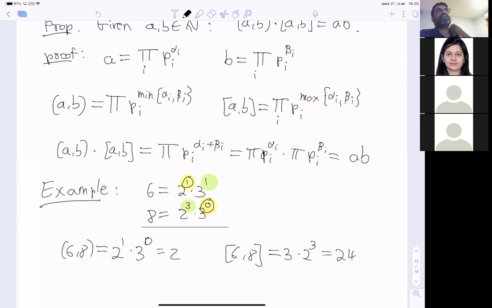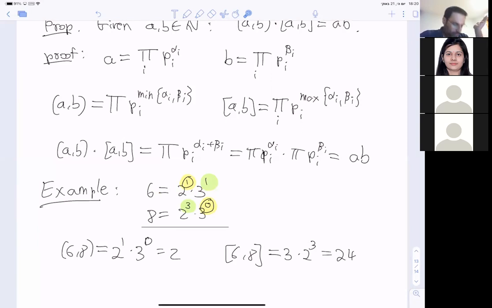Let me tell you that we are going to talk later about cryptography basic algorithms like RSA, etc. They are all based on the assumption that it is a hard problem to factor a given number into primes. The best known algorithm for this decomposition is sub-exponential.